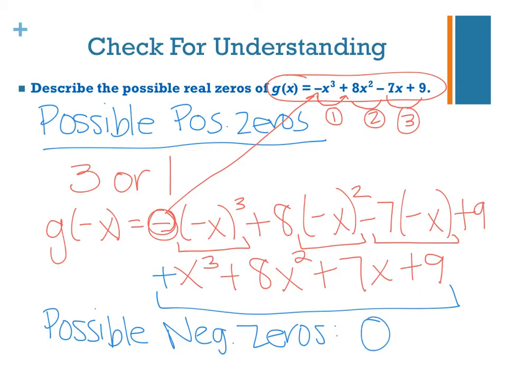So if you look at this polynomial, there could be up to 3 zeros. And it looks like based on our response, if it does have any zeros, they will all be positive.